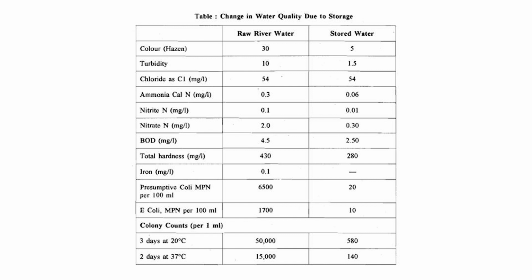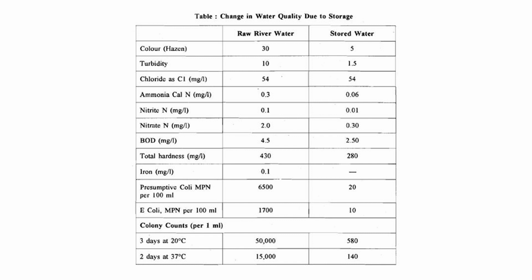Color: raw water has 30 Hazen on the scale, and stored water reduces it to 5 Hazen. In case of turbidity, raw water is 10 NTU, and in stored water it is reduced to 1.5 NTU.